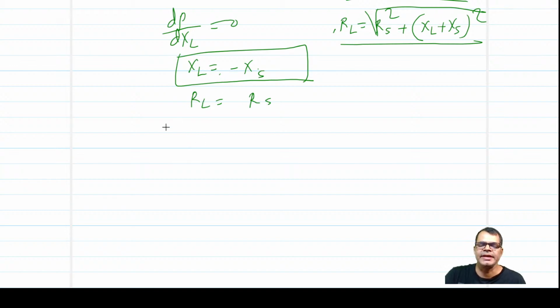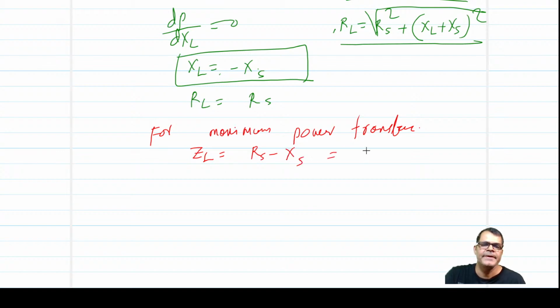So you can see that for maximum power transfer, your ZL is equal to Rs minus j Xs, which is simply Zs complex conjugate.